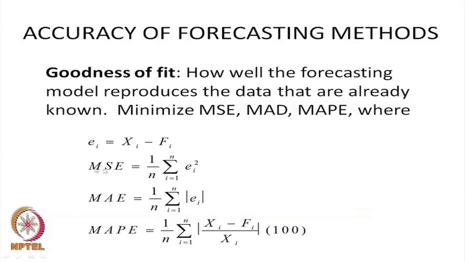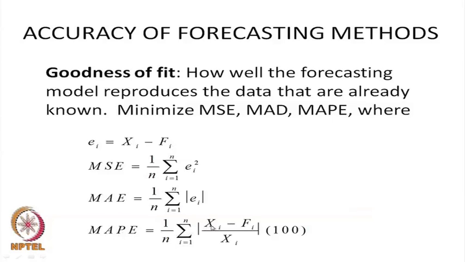This is the mean squared error, which is all the squares over n terms, the average value dividing by n. It can be the mean absolute error, where absolute values are taken and averaged. It can also be the mean absolute percentage error.